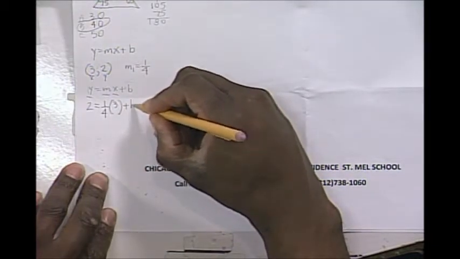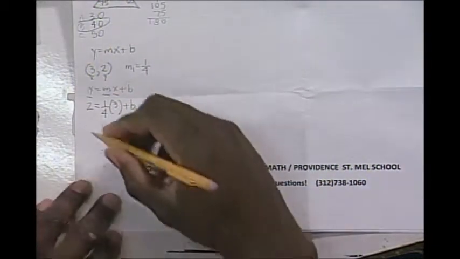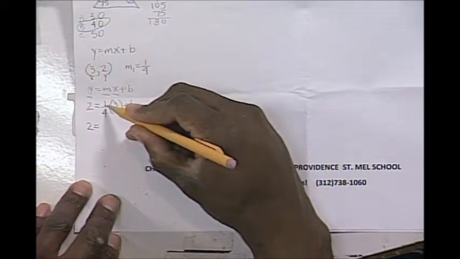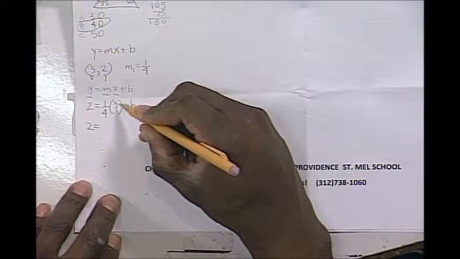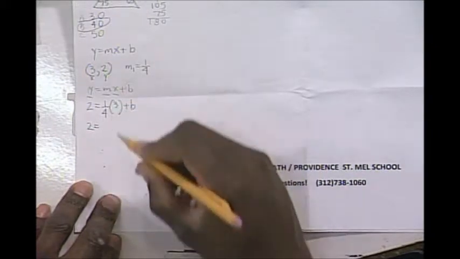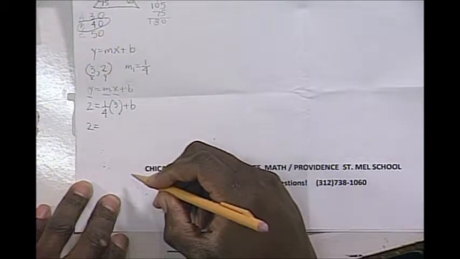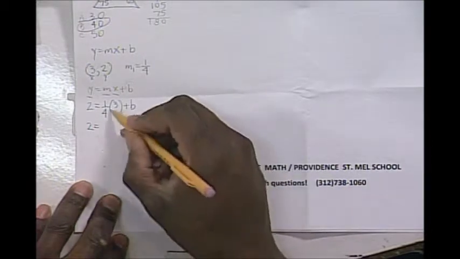And then we're going to solve for b. So now you have 2, bringing the 2 down, is equal to 1/4 times 3. You know how to multiply fractions, Clemens? Yeah, kind of. Isn't it 7? Okay.